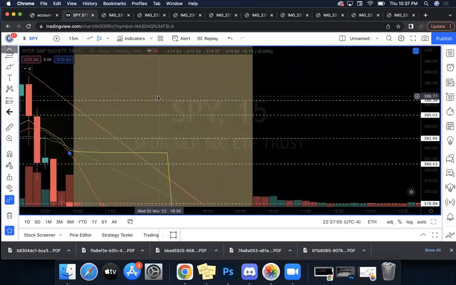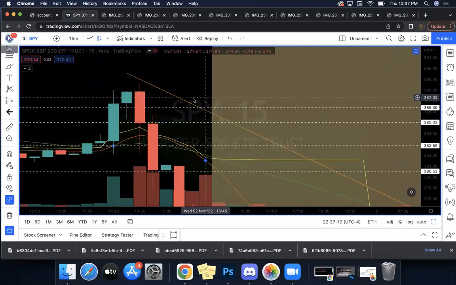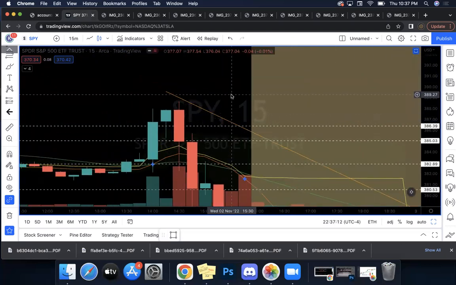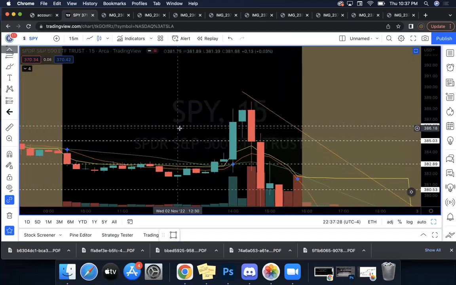Let me zoom in. Hold on, y'all. Yeah, it's higher by like 2 cents. And obviously the opening is overlapping the recent opening of this bull candle. So this is a bearish engulfing.